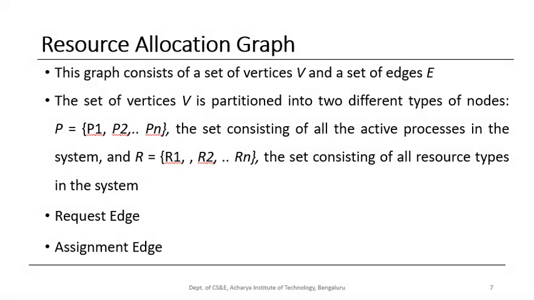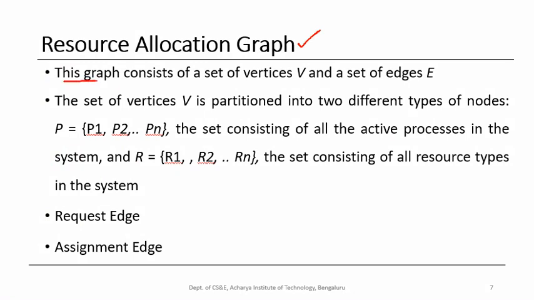Before we discuss the techniques to handle deadlocks, let us discuss an important data structure called the resource allocation graph, which is a directed graph that helps us visualize the deadlock.